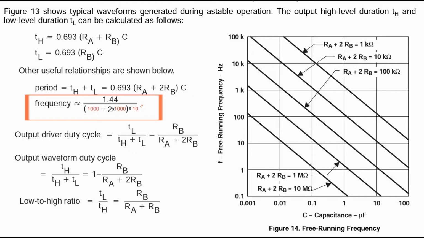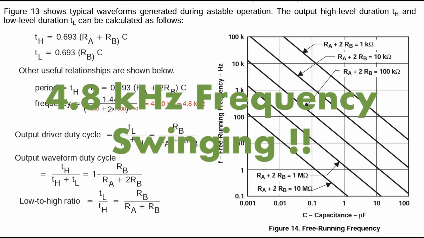And if we calculate this mathematical fraction, then the result is 4800 hertz, which is 4.8 kilohertz. Can you imagine 4800 times swinging per second? What can you do 4800 times a second? I can't. So that's amazing.